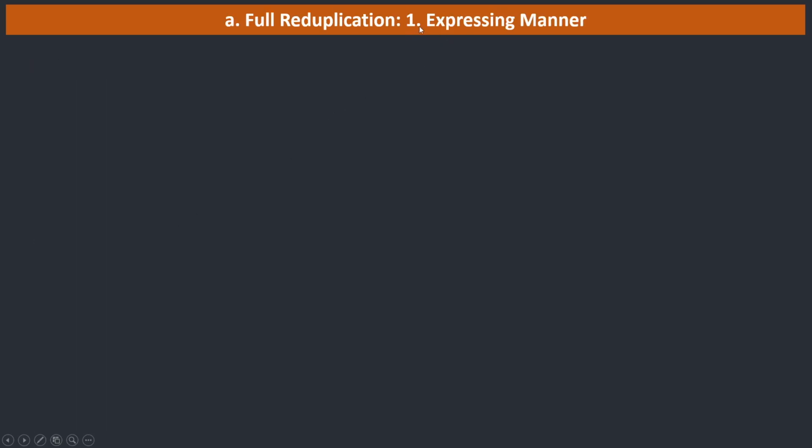Okay, so let's see the examples for these categories and their sub-meanings. The first one is expressing manner. How do we do a full reduplication to express the manner of the action? You can repeat the full word, that's why it's called full reduplication, and make a new word.